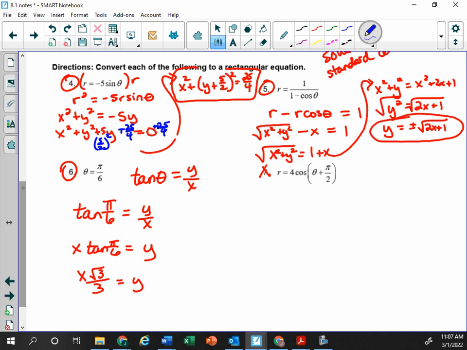I was thinking like sine or whatever, but then you don't have the x. Right. Again, I'll explain 6, but I'll give you a minute.